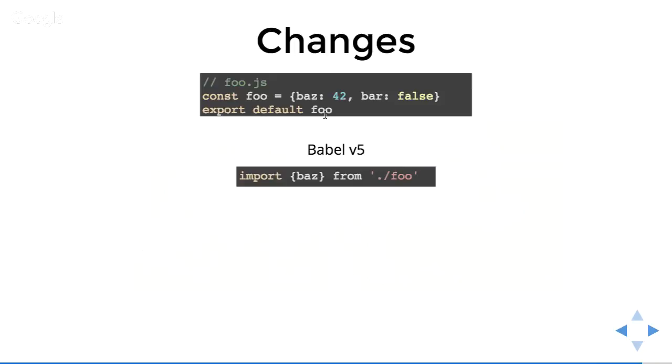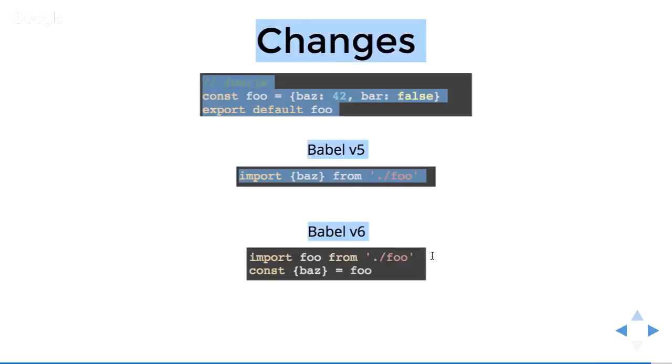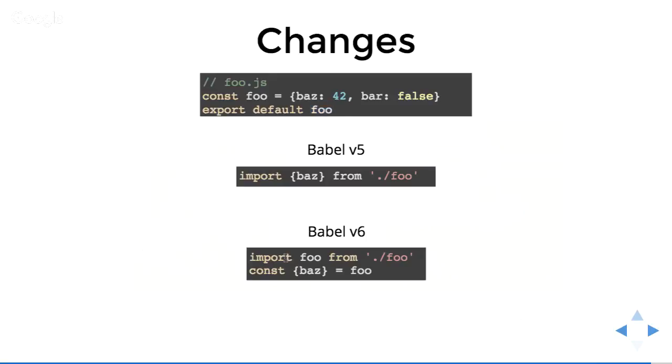And this is why I say it's not entirely advisable to learn future JavaScript features by looking at transpiled code, because sometimes they're doing some optimizations to make it easier or more performant. So in Babel version 6, if I wanted to get Baz from foo, I would first have to import the default of foo that we're exporting here, and then I could destructure Baz off of foo.